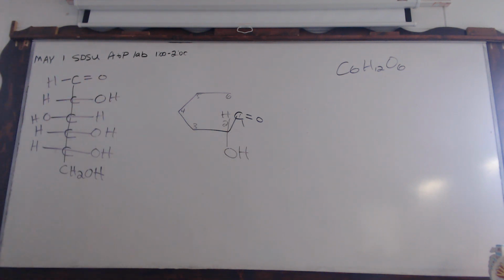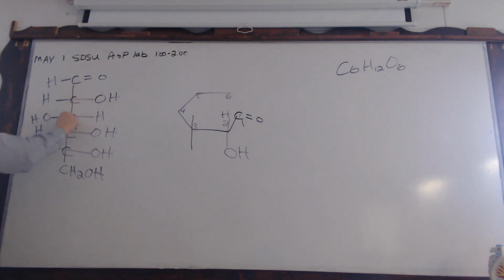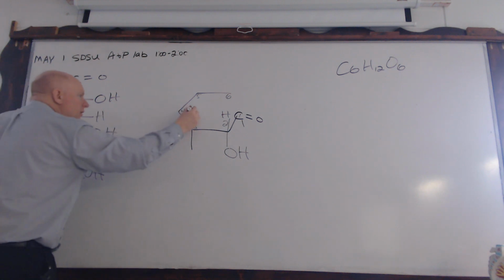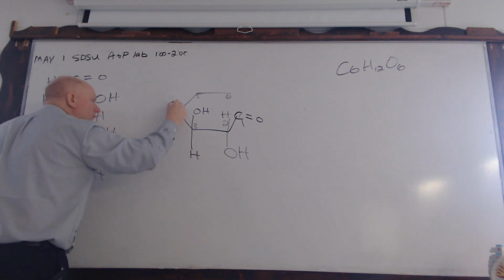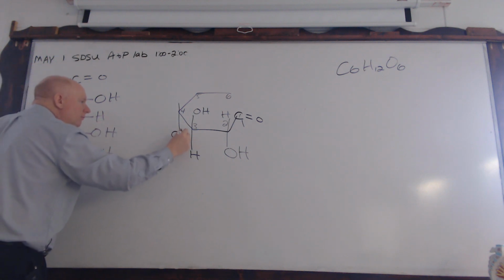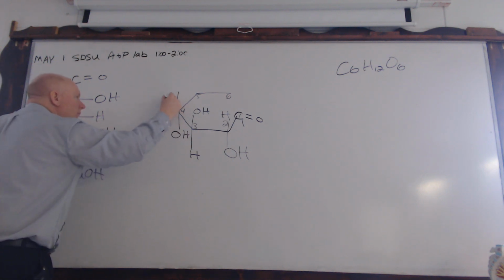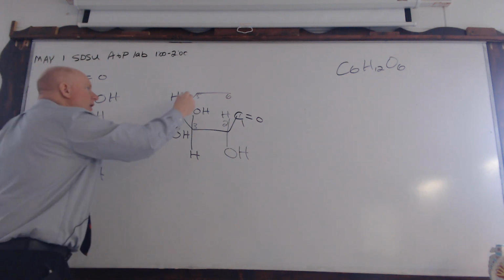So then on carbon number 3, since it's on the left-hand side, that means it will go up. Carbon number 4 is also down, and then our 5th one is also pointed down.